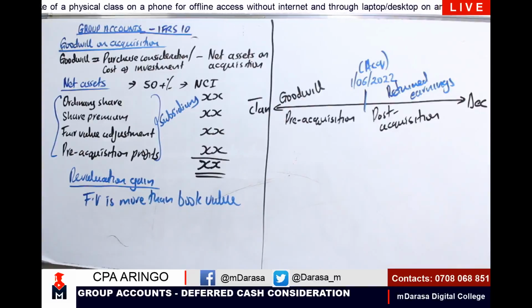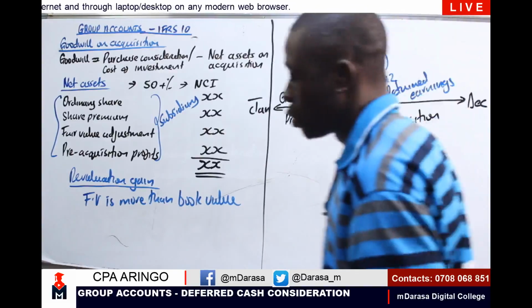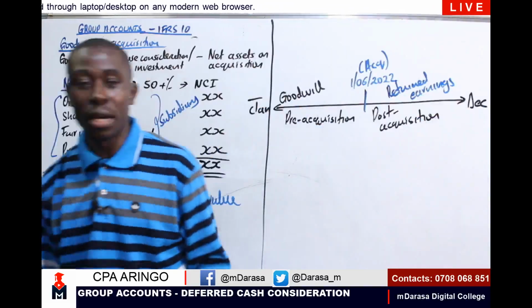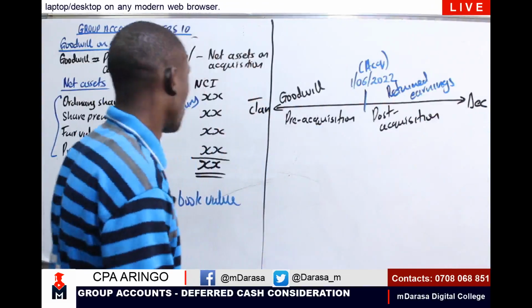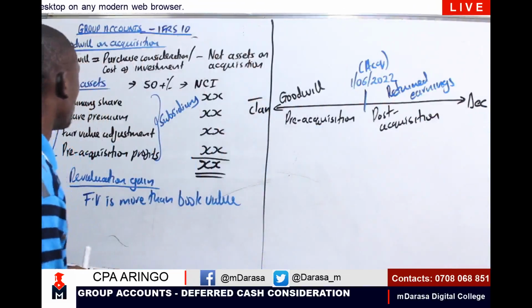Now, after we have that in mind, in the determination of our goodwill, another key element you must always have at the back of your mind is the method of goodwill computation.